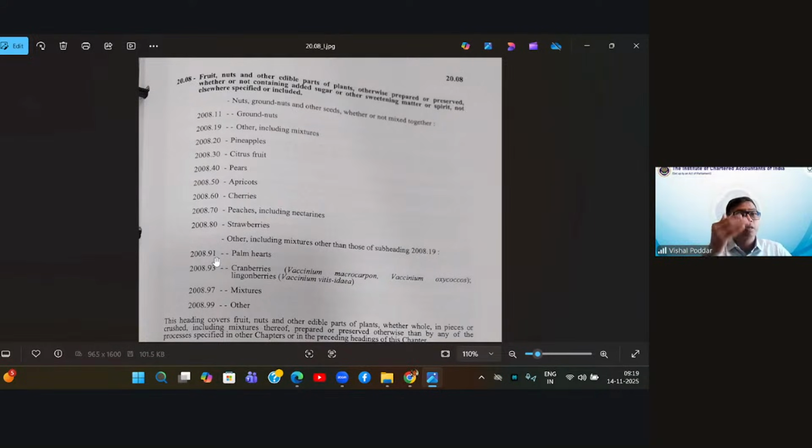But since this is not a tariff, this is the WCO's original book where they write their names and you have to use these names. Again, here you will see single dash, double dash. So we are following everything in our tariff, with the only difference that in our tariff we also have the rates, and WCO is not having rates, because WCO is not going to give you the rates. That you have to decide yourself. It is giving you how the classification or how the names have to be used.